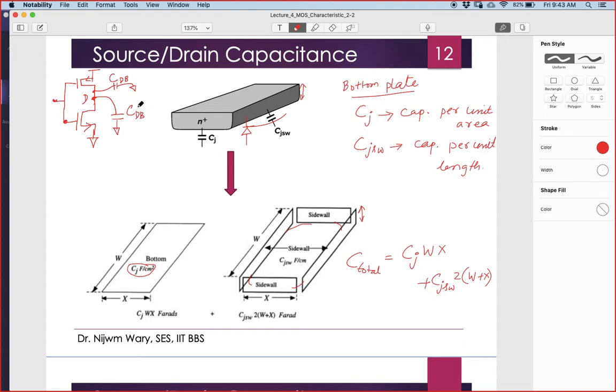These are very small capacitances, in the order of femtofarads, but when you are dealing with very high speed operation, even for a digital circuit, say your clock speed is 1 gigahertz, then this capacitance will come into play. But when your clock speed is 1 megahertz or 1 kilohertz, it will not come into the picture at all.